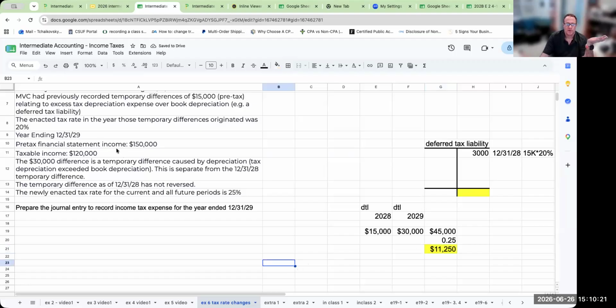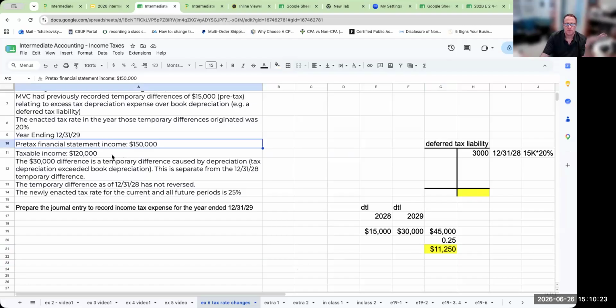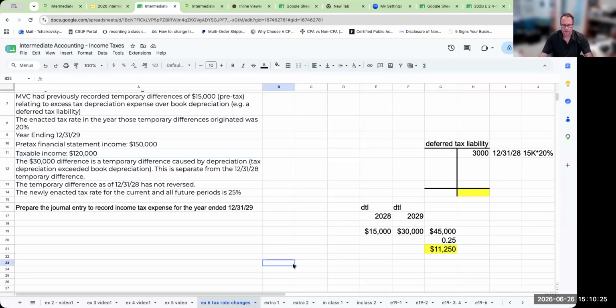Well, if we look at the current year amount, and we have income tax expense, prior to doing any type of adjustment, this is going to be 150,000 times 0.25.